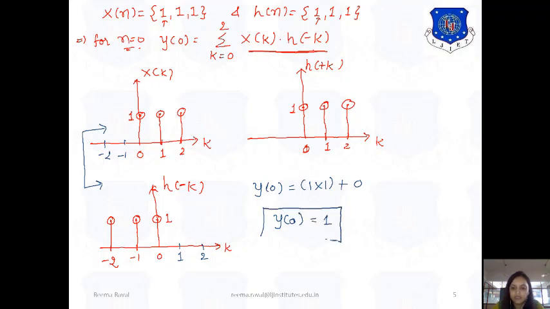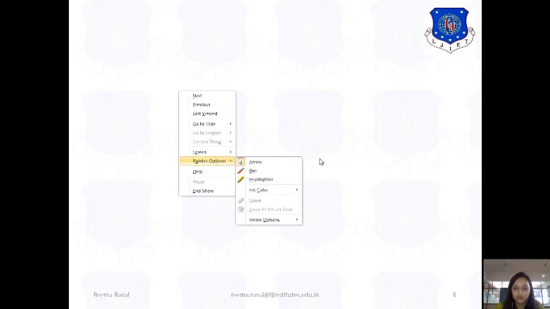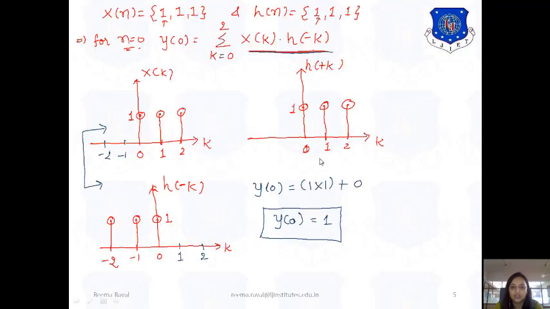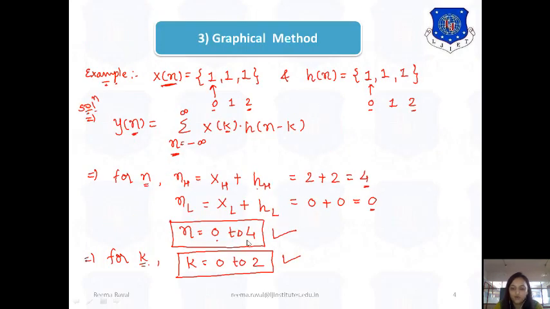Because we have multiplied the respective instants and their values according to the formula, right? So here as you can see, we have multiplied x of k into h of minus k with the respective instants, right? Now we'll do this further for n equals 1, 2, 3 and 4, because as we have seen, the range of n is 0 to 4. Okay.